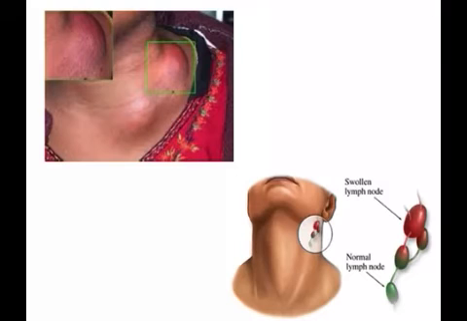So in such cases, these lymph nodes, as you can observe, will be enlarged because of hyperplasia, as well as increased migration of lymphocytes towards the area which was affected by migration of pathogenic microorganisms.